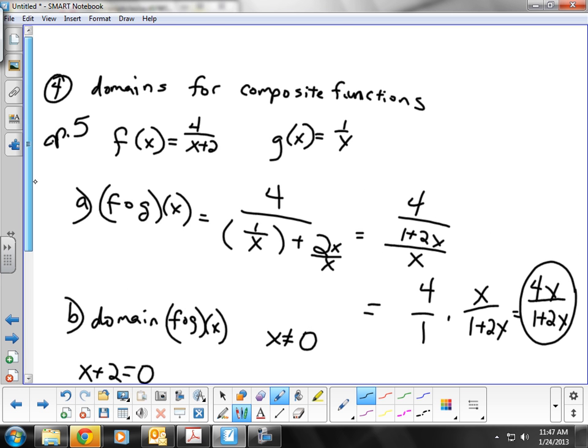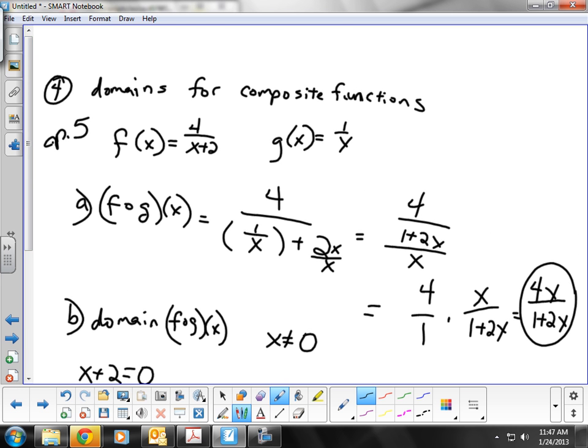Now, if f of x had been x squared plus 3 minus 5x to the third, no, I wouldn't have had to do anything, because is there anything that I'm going to put into a polynomial function that gives me a bad number back for a domain? No.